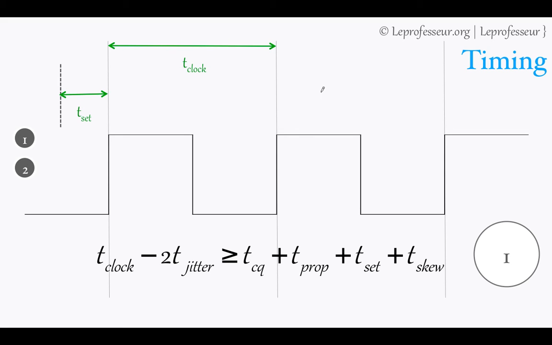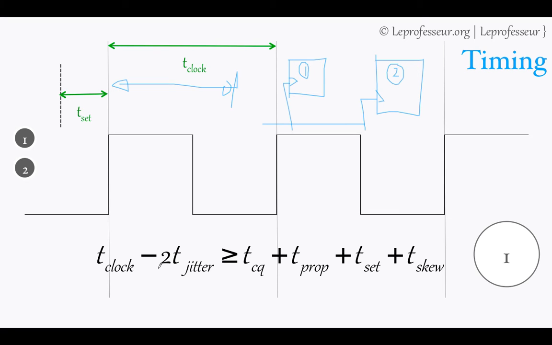But since we have jitter with each clock edge, and if you remember the previous drawing, we have 2 flip-flops, the jitter will be associated with each flip-flop's clock pin. So you have to multiply it by 2 and subtract it, which means your available time for computation would be less than T clock.